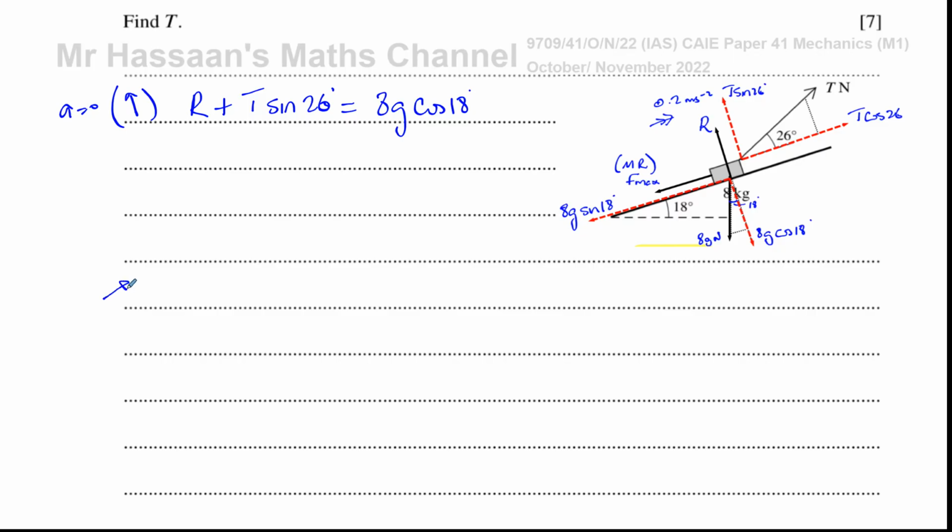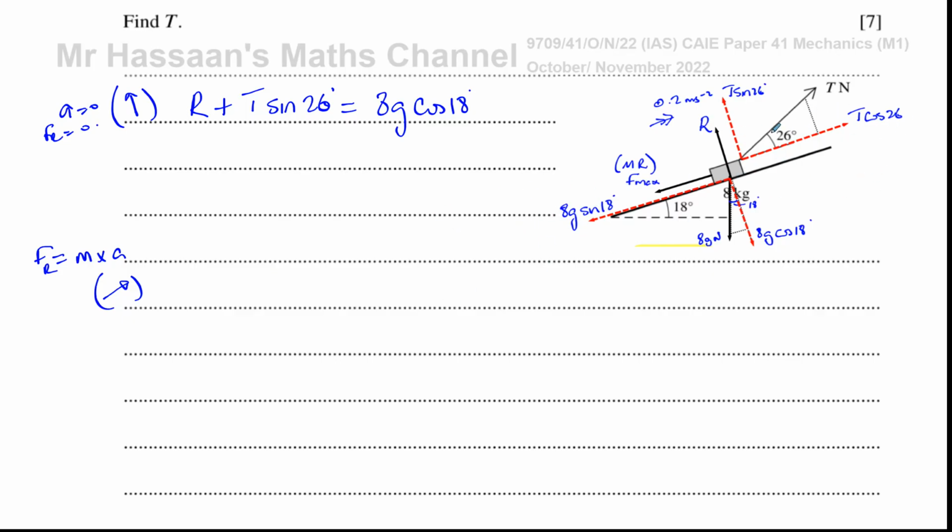If we look at the forces parallel to the plane, we know that the resultant force is equal to the mass times acceleration. In the previous direction the resultant force was 0, but in this case the object is accelerating, so the forces are not equal to each other.